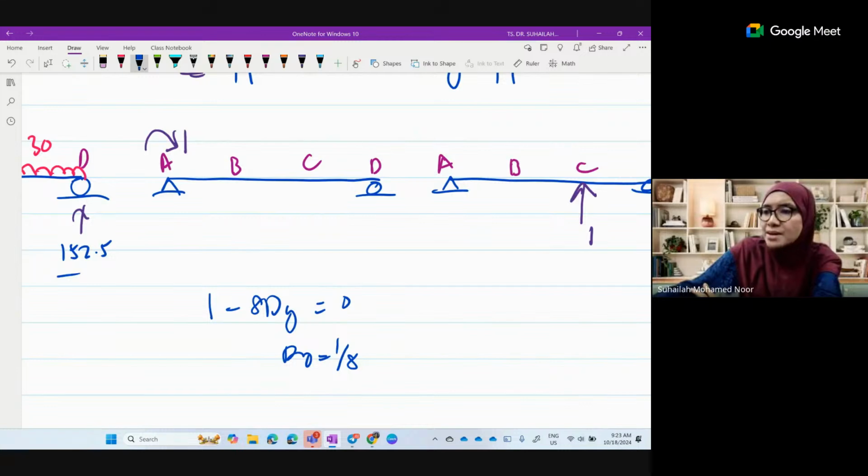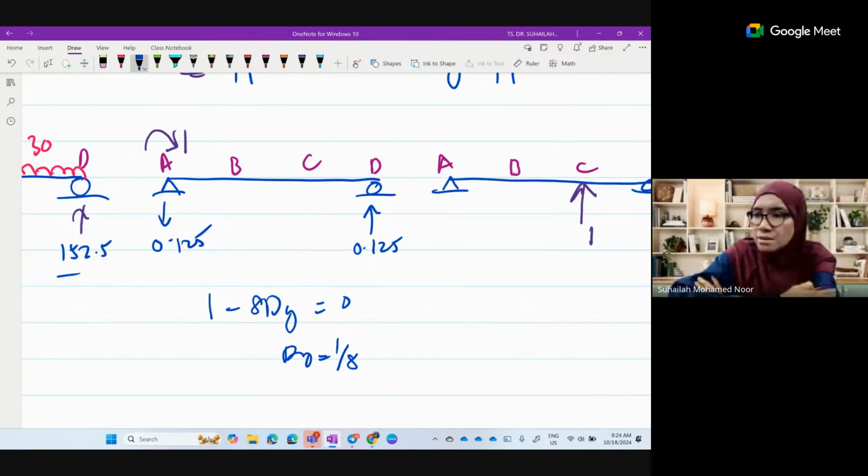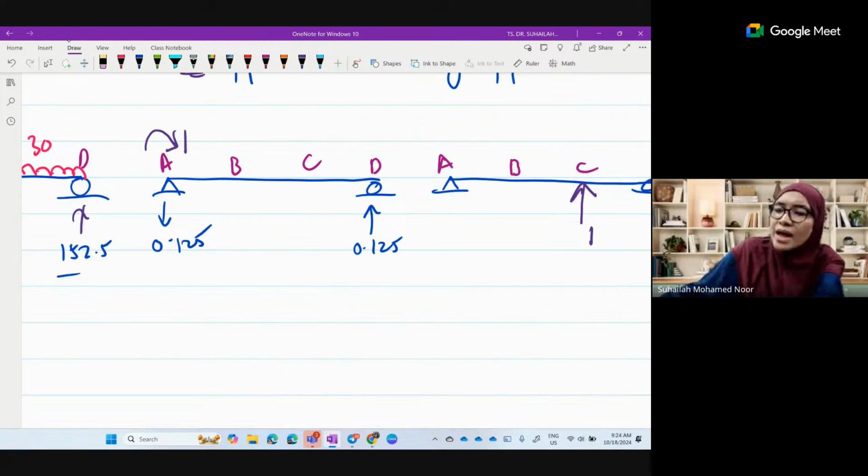Berapa ni? 0.125, 1 positif, sini akan jadi negatif, right? So dah siap dah reaction in redundant 1. Okay? So kalau everything kita nak tulis, nanti exam tak sempat siap. Kita just focus on what is important. Okay, so settle. Sekejap, tak sampai 1 minit dah dapat reaction in redundant 1.